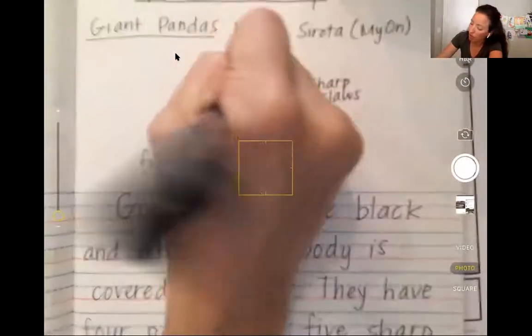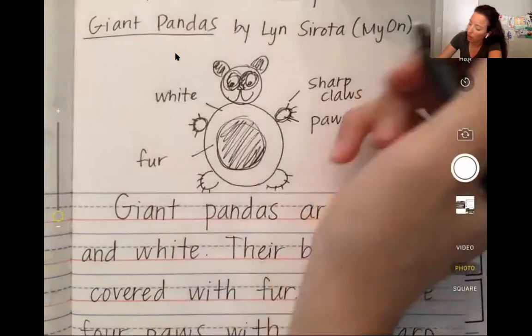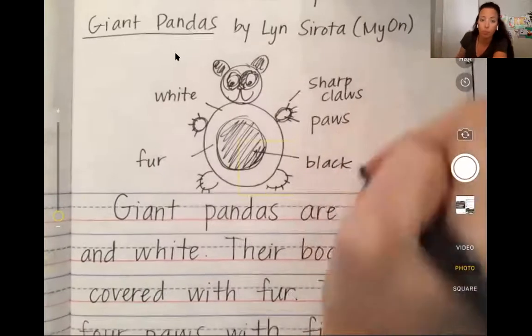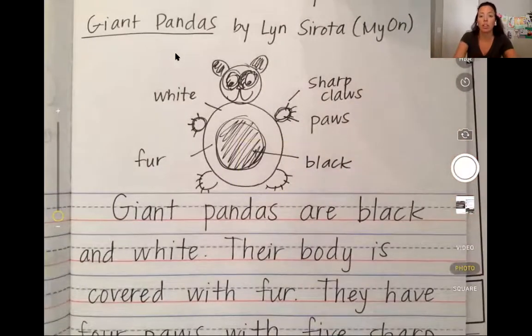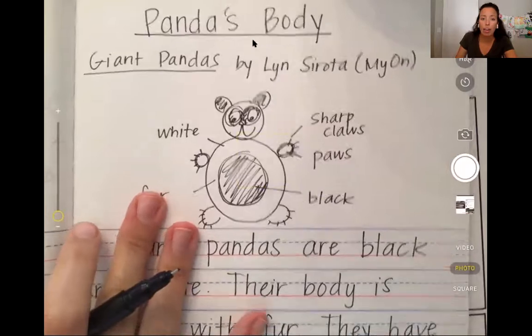Then I'm going to write white here because they're white on their body and they also have black on them too. All right, so that is my writing for today. That is all about the panda's body.